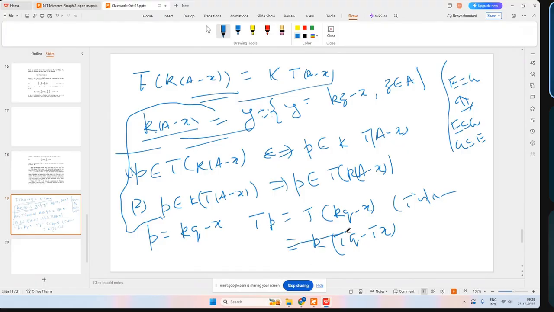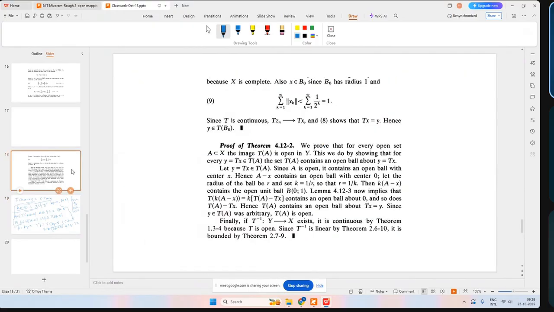Sorry, this will be K times TQ minus TX. So use this definition again. That will belong to that. So the simple set theory gives you this part.